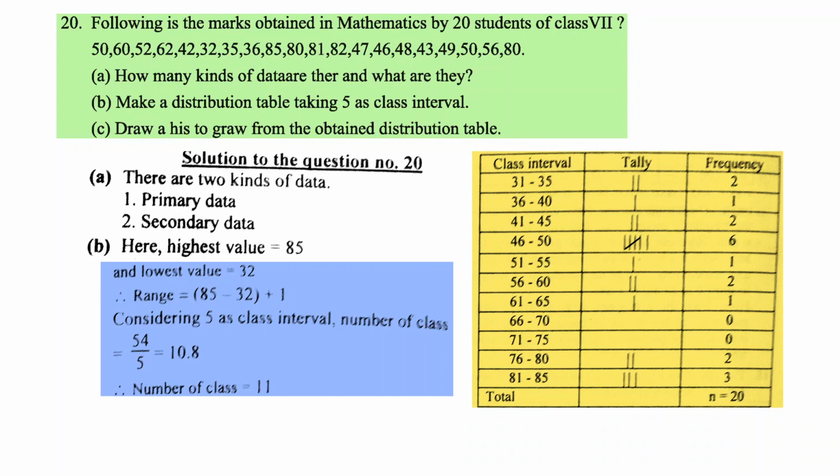And take one number, 50, then 60, one by one, and observe where the number stays and make tally marks, and after counting the tally write the frequency, then the frequency distribution table will be made.